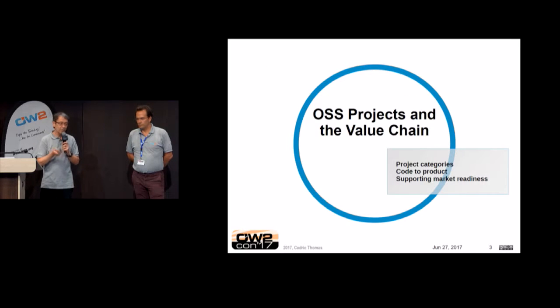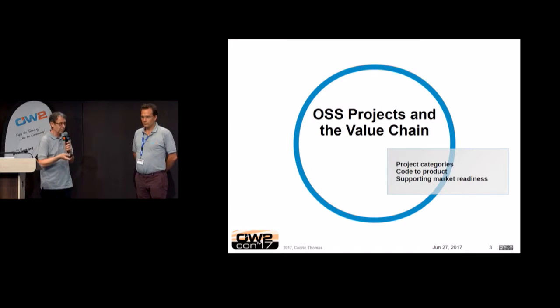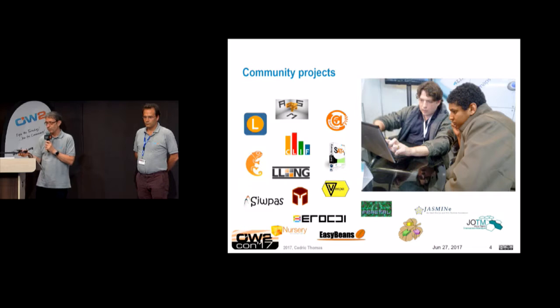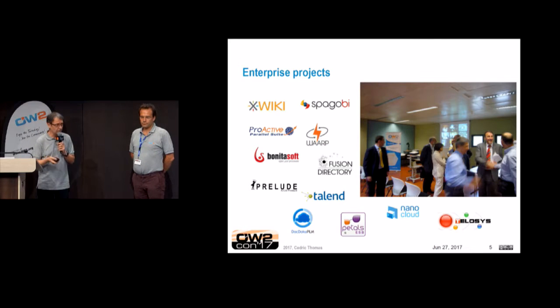We have lots of projects, and we fit the project inside what we call the value chain. So it's a market perspective. We have different kinds of projects. We have community projects that reflect the free software movement. We have commercial open source projects that are supported by commercial companies.